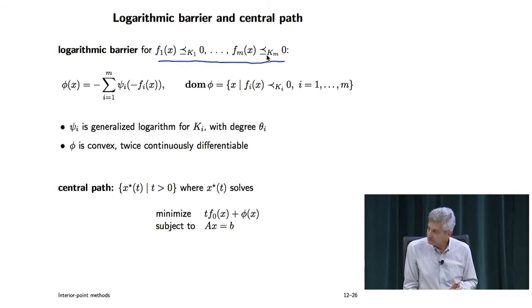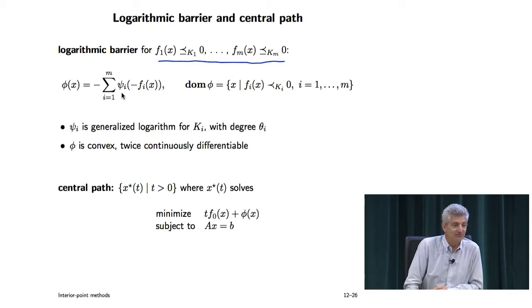It's the same thing. You simply form minus the sum of log of minus f_i. And by the way, if these cones were all the same, we could even write this as log sum i. That would be very cool overloaded notation, right? Very evolved notation. In fact, you could even write just log there, so it would look exactly the same as for the scalar inequality case.